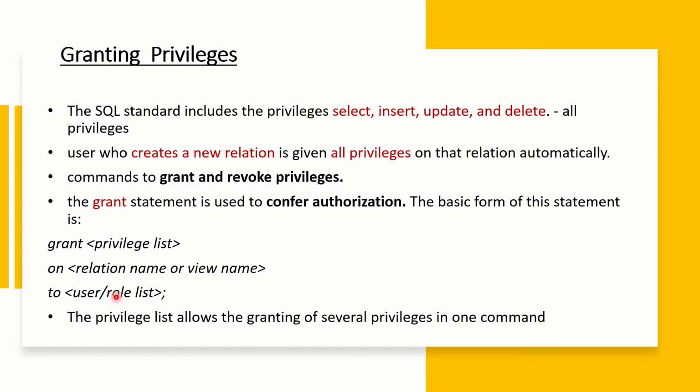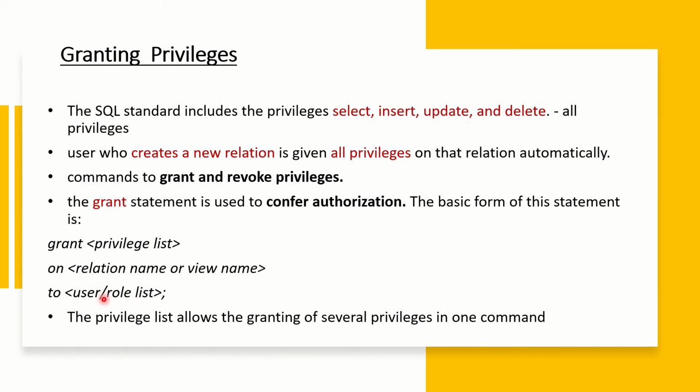So this is the syntax for granting a privilege to a particular user or role. For example, if Anu is a user, we can write that name here. Or we can divide the users into different groups, and the group name can be given; it is called a role. That we will discuss later.